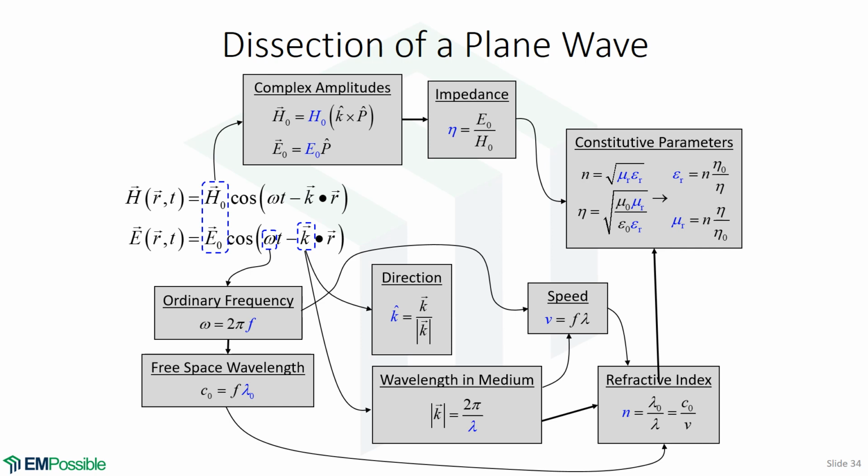So think of all this stuff that we just pulled out of those two expressions for a plane wave. Now I know there's not real numbers here, but in a practical situation, you might have real numbers here. We can start calculating all of these things just by looking at the expressions for the waves. So the information of E and H tells us all of this different stuff: speed and frequency, refractive index, wavelength, impedance, all of that. It's pretty neat how that works.